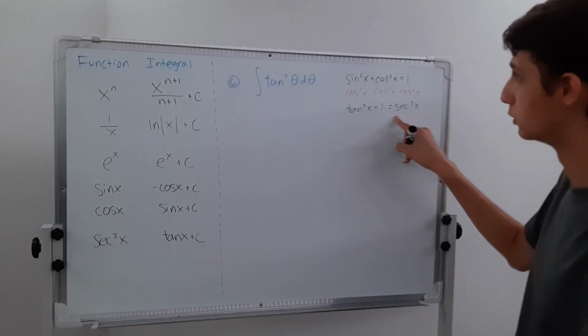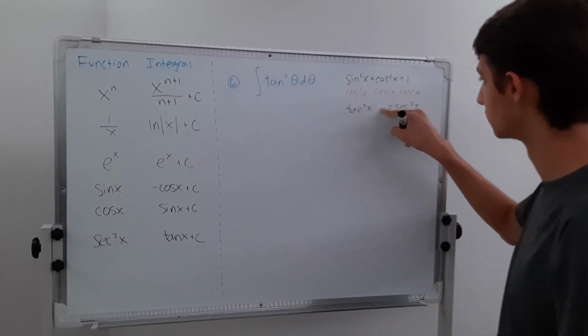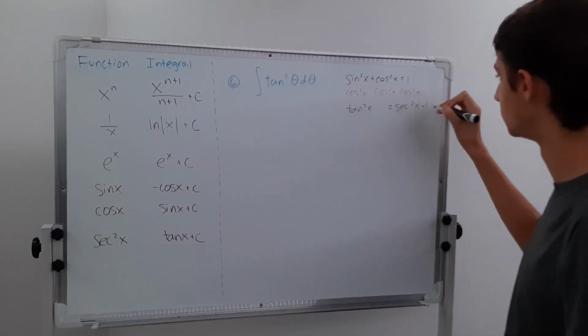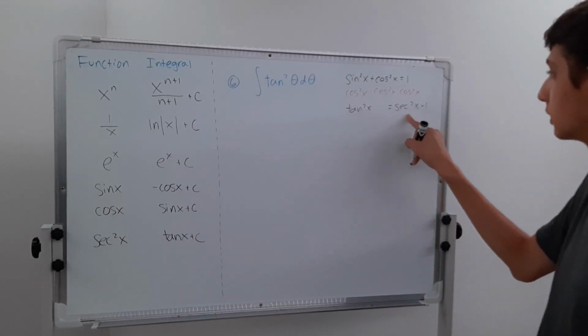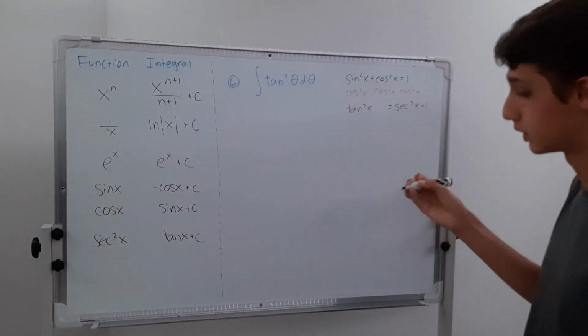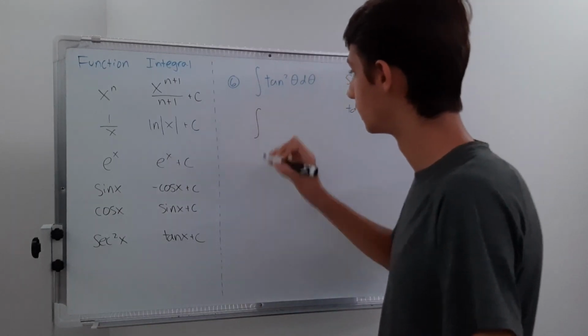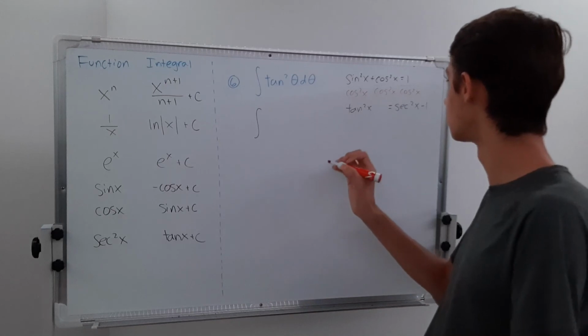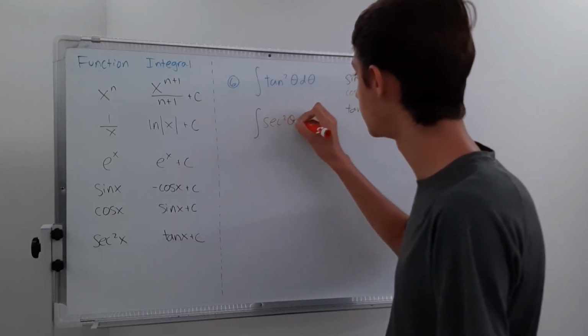So now, if you want to equate this to tangent squared, you just subtract 1. So this is just minus 1. That's it. Tangent squared of theta is equal to secant squared of theta minus 1. So we can make this pretty easy substitution. So we have the integral symbol there. So we get secant squared theta.